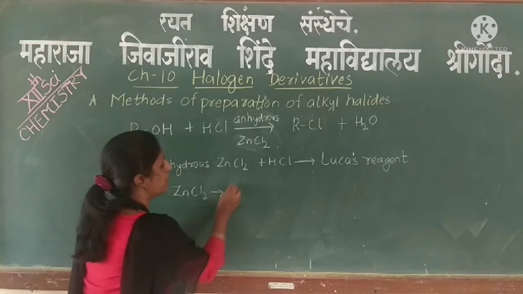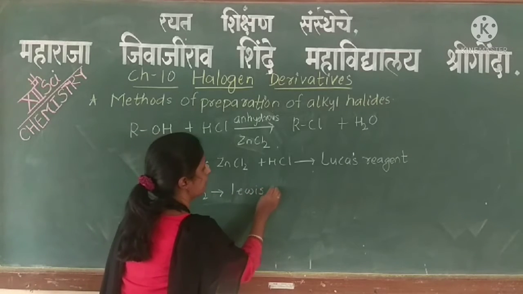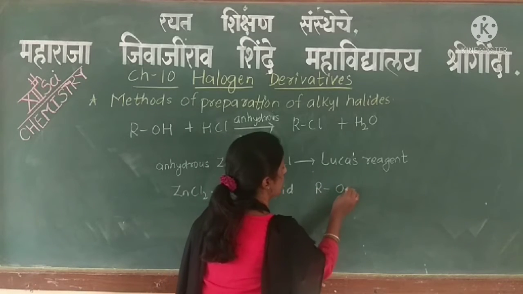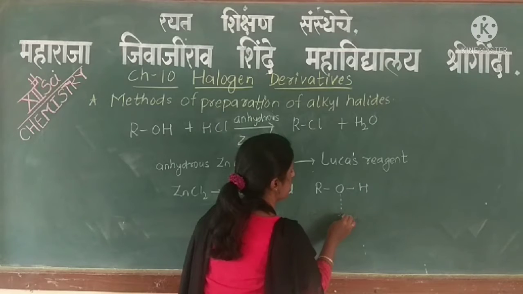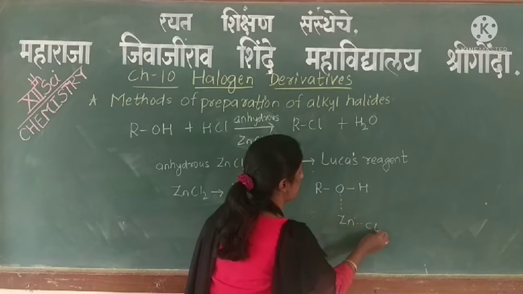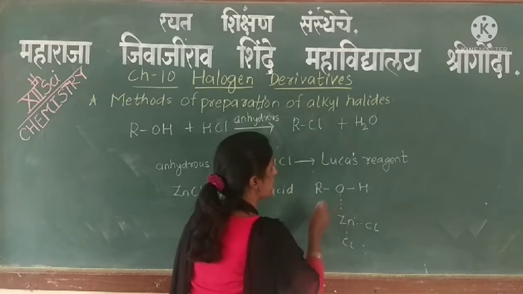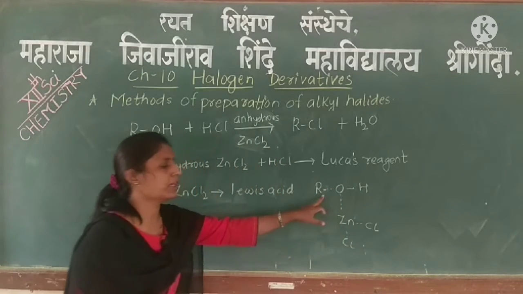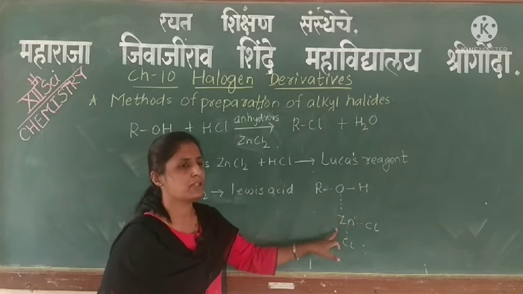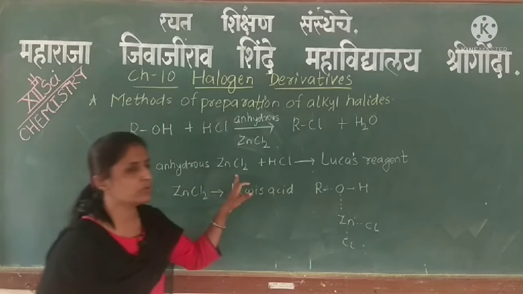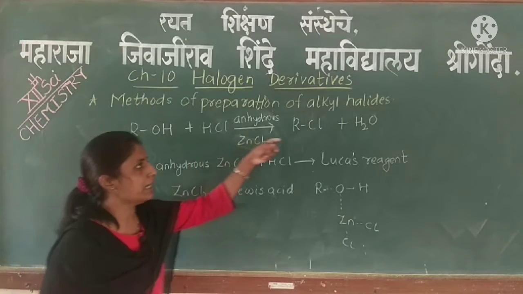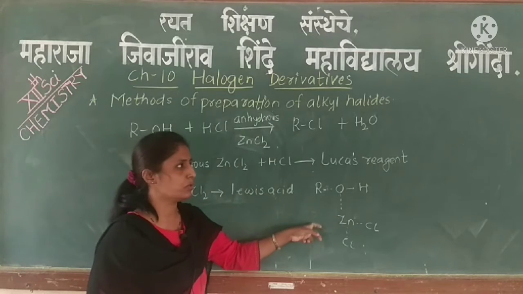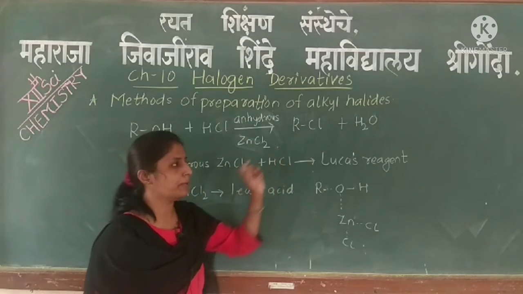It is a Lewis acid, and it attaches to the oxygen and weakens the bond between the oxygen and the carbon. So that's why ZnCl2 is used when you want alkyl chloride with HCl.